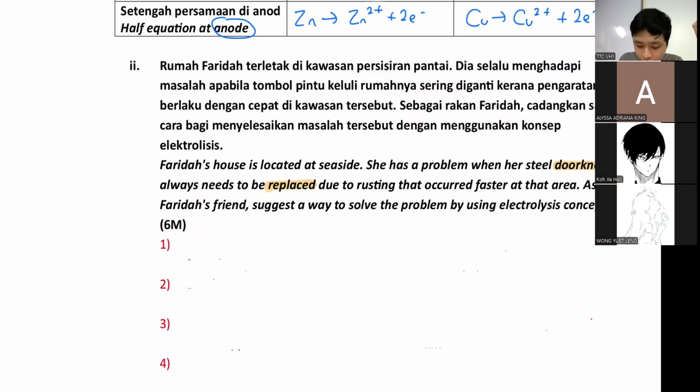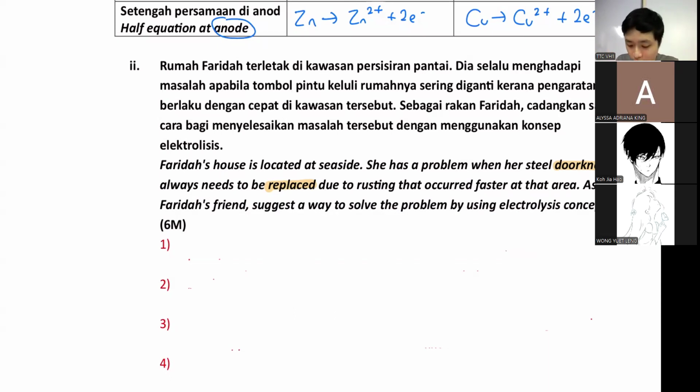So Farida's friend suggests a way to solve the problem by using the electrolysis concept. It means you have to create your own procedure to help her get a better quality doorknob, so that the doorknob won't easily get rusted later on.